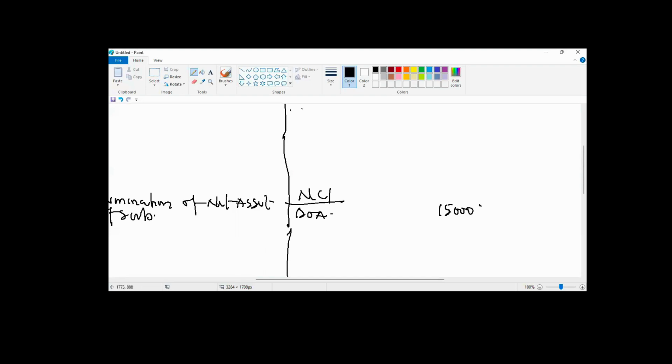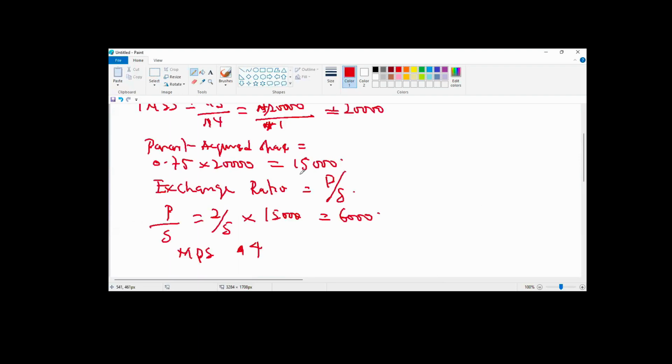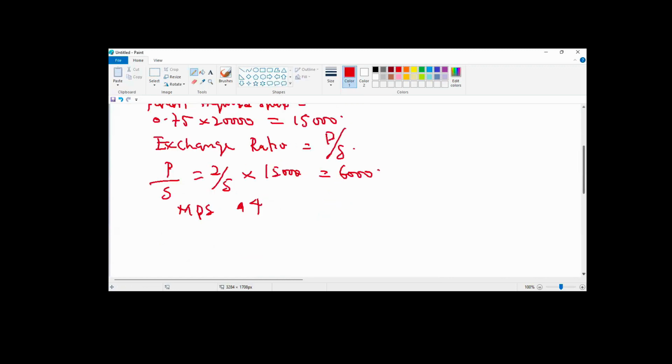Okay. Let me get my cost of investment. The market price per share of the parent is 4 naira. I can now get the cost of investment. Don't forget, the cost of investment to be debited is 6,000 times 4 naira, which gives me 24,000.